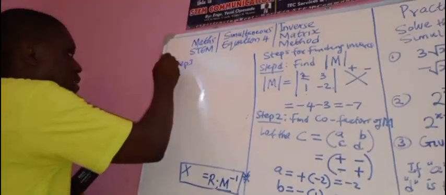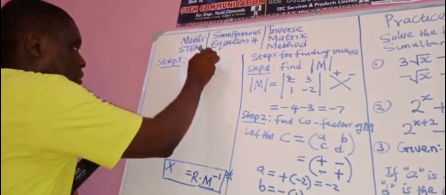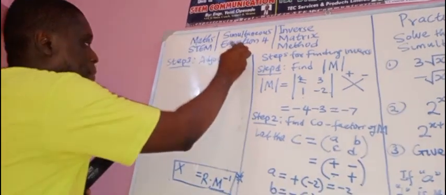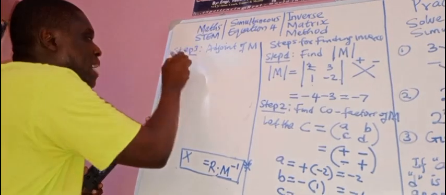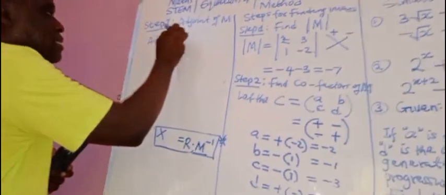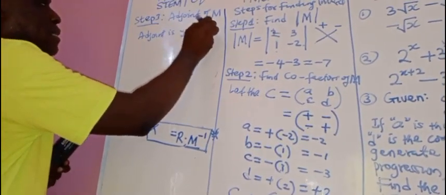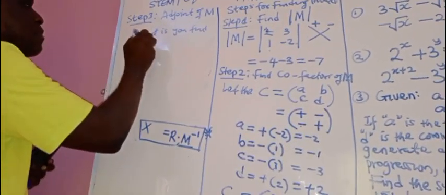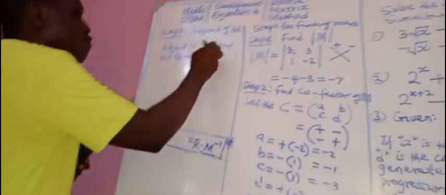Step 3: you find the adjoint of M. Look at that, adjoint. The meaning of adjoint is that you find the transpose of cofactors.